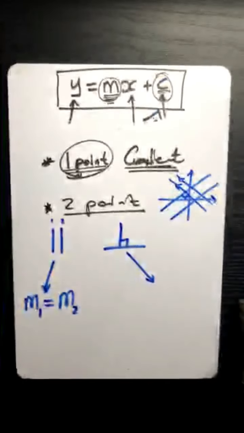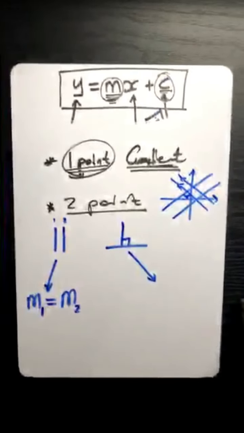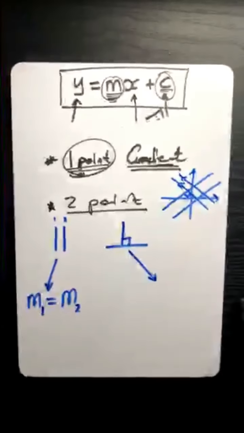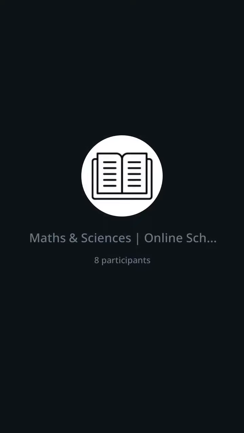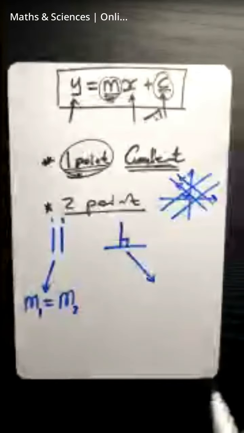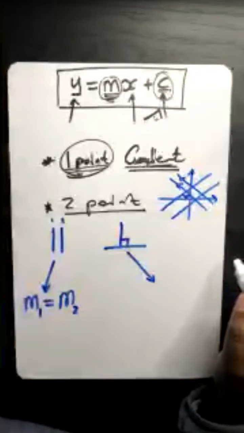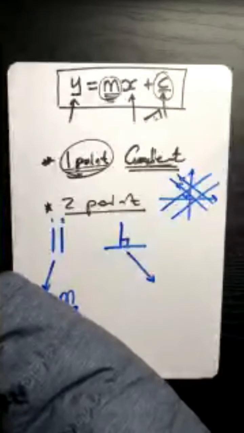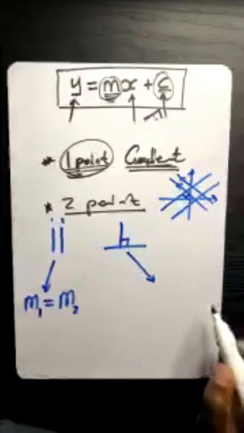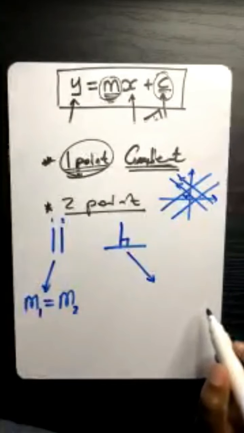That's if they draw that 90-degree sign, or otherwise in the statement it is mentioned that those are perpendicular lines. Very, very important, ladies and gentlemen. So, guys, please make sure that you pay full attention to all the details.